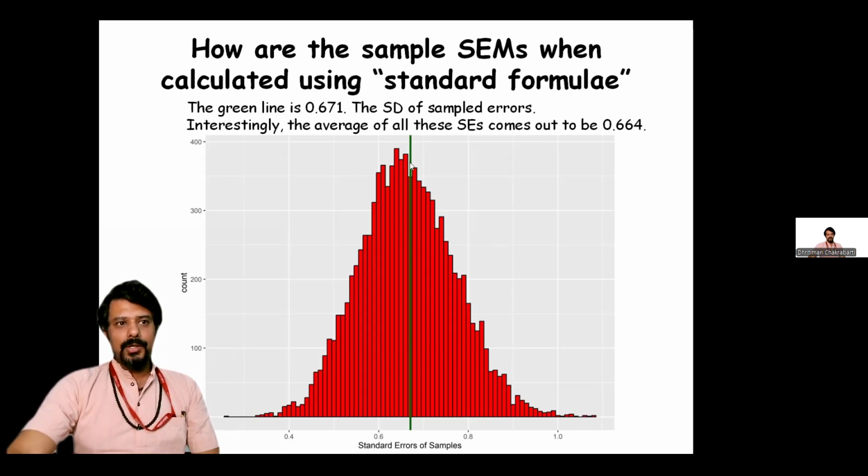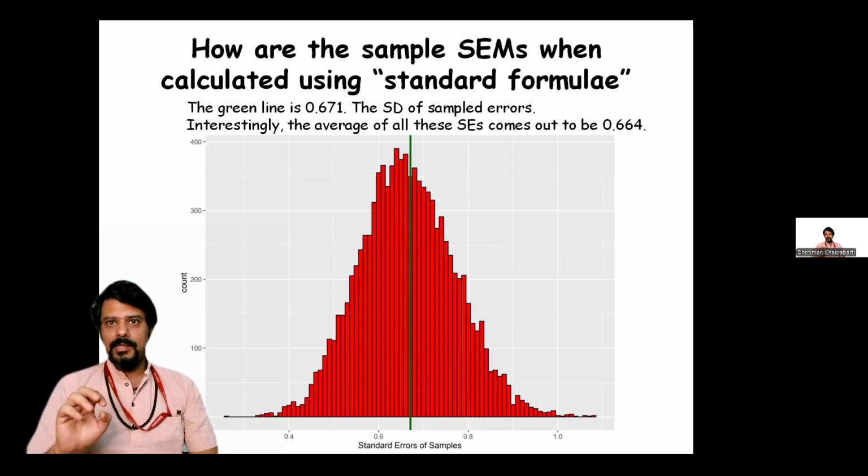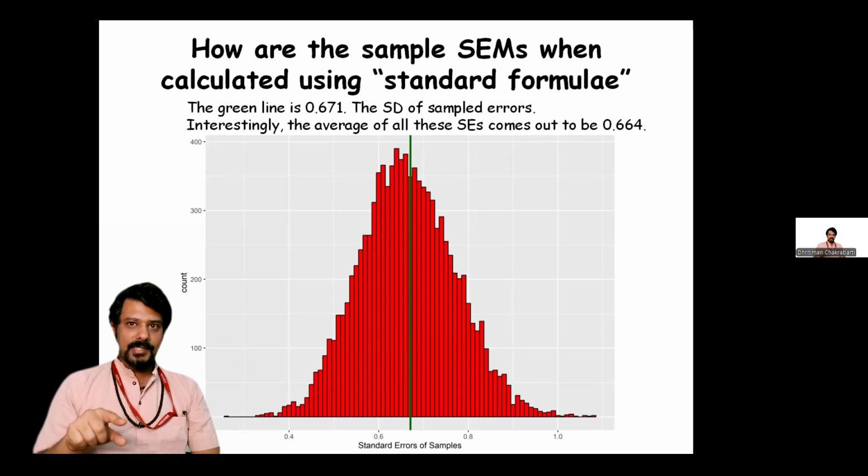So this is the theoretical standard error that we have, and the calculated standard errors are widely distributed around this actual standard error, based on the concept of it. This tells you how widely variable your calculated standard error is; your estimation of the error also has an error inside it.